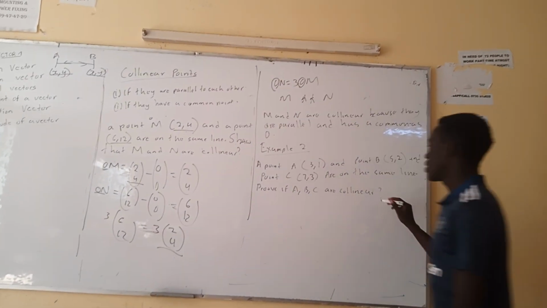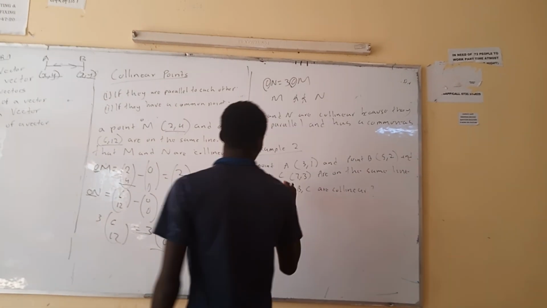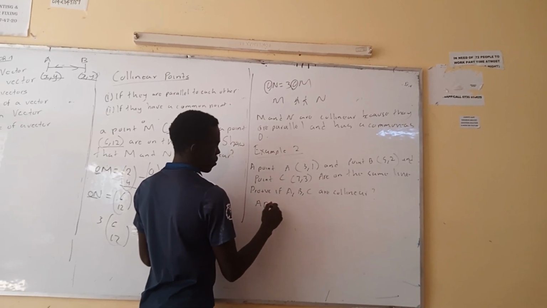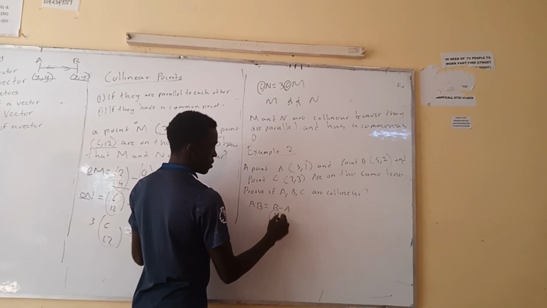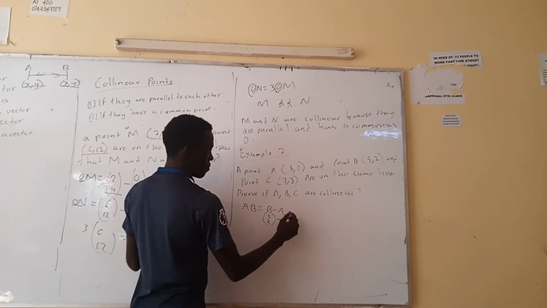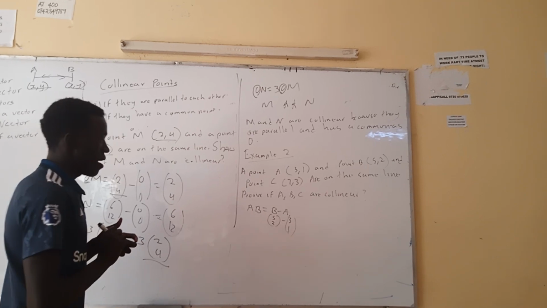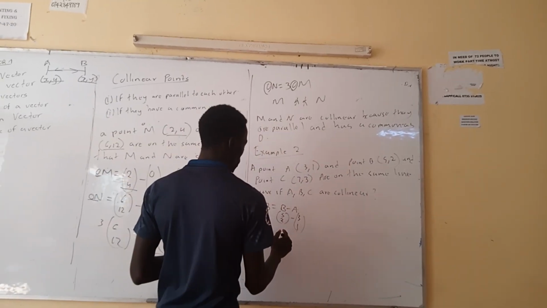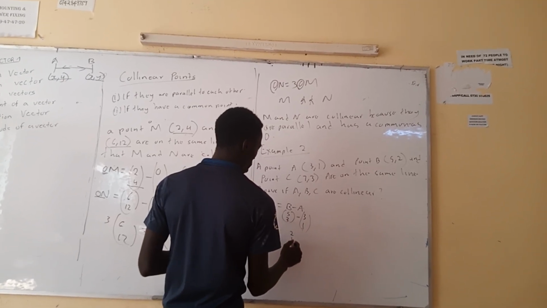So here I want to test if points A, B, and C are collinear. So what I do is this. I try to get vector AB. Vector AB will be B minus A. So what is B? 5, 2. And what is A? 3, 1. So 5 minus 3 is 2, 2 minus 1 is 1.